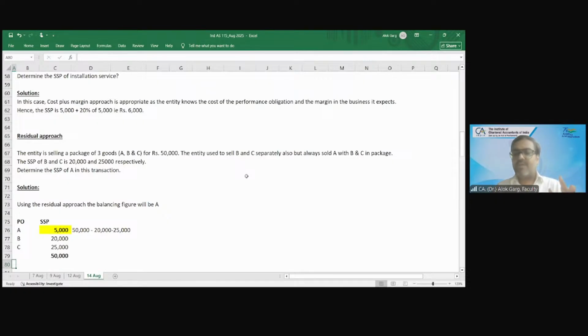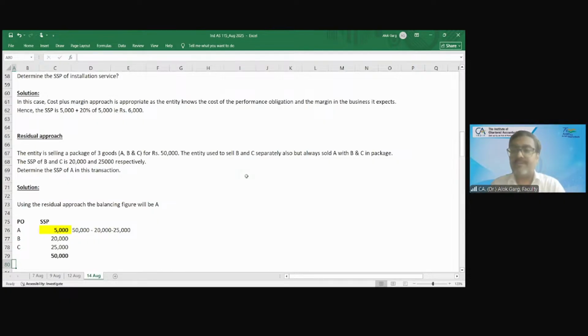Adjusted market assessment approach, where we take the market price and adjust it as per the entity in whose books the revenue has to be recognized. Cost plus margin approach, where the entity is aware of the cost of the performance obligation and knows the margin also. The cost plus margin approach is the most reliable approach.